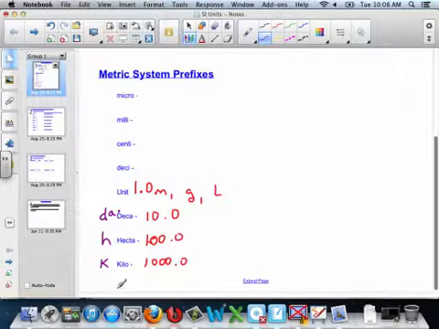So let's say, just for fun... I screwed that up royally. Don't erase everything, just change the right to a left. Whenever we go from a small value to a big value, we are moving it to the left.